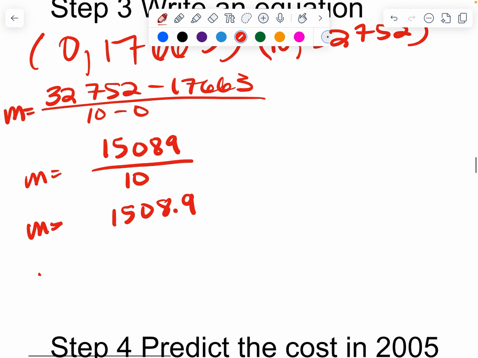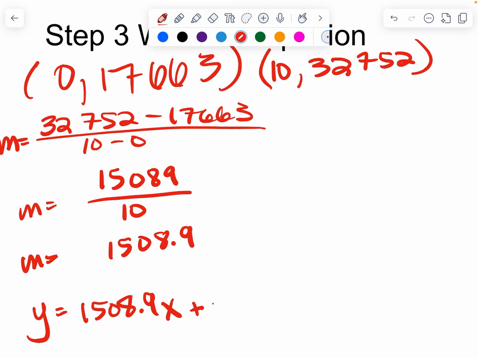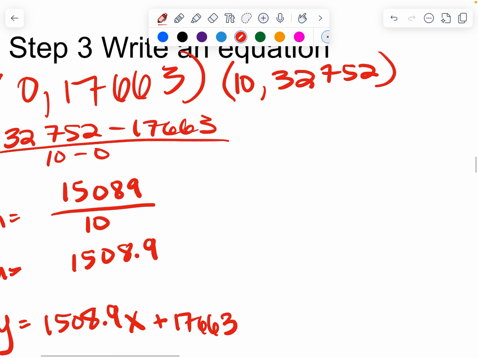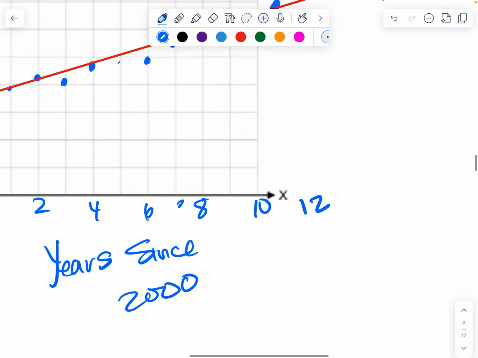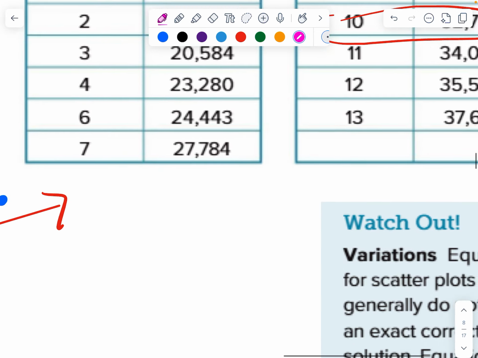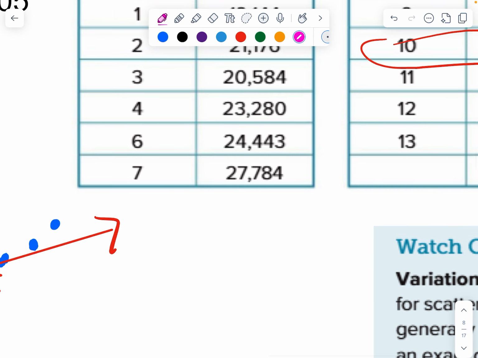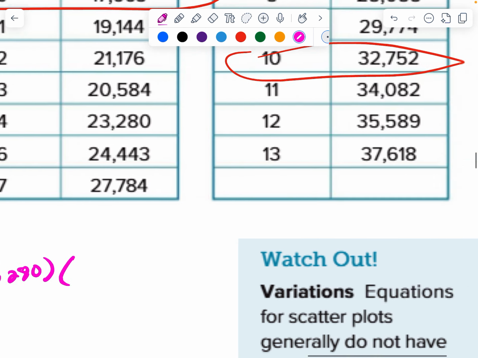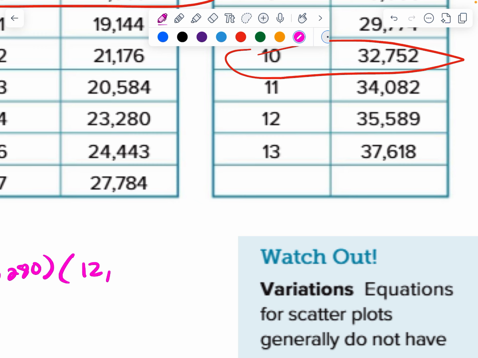So then if I had an equation using this one, it would be 1,508.9x plus 17,663. Now, if I didn't use those two, and if I used 2 different points, so if I came over here and I used, let's see, 4, 23,280, that's good. And I don't know, I use 12, 35,589.